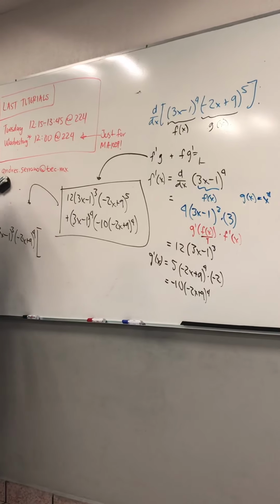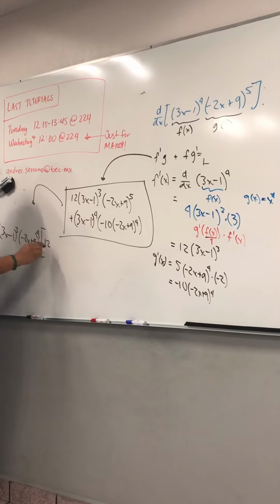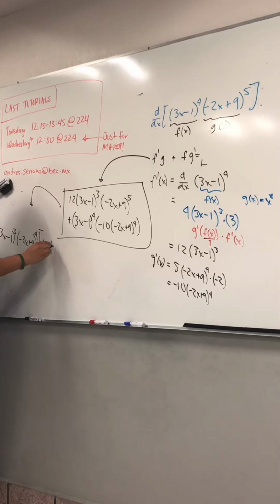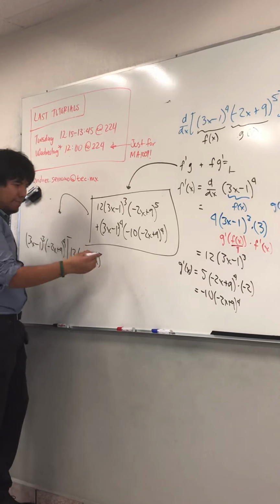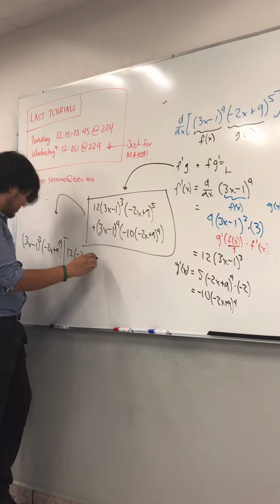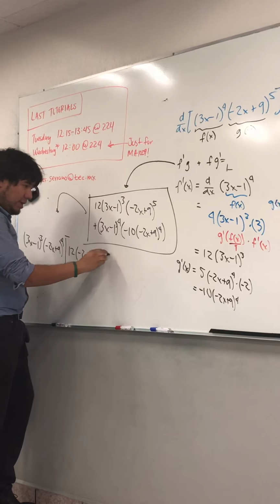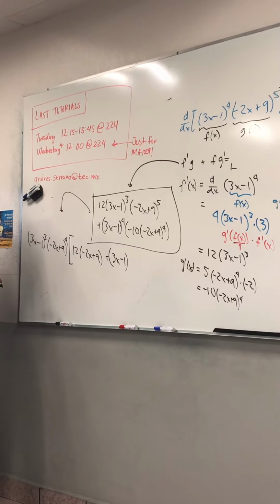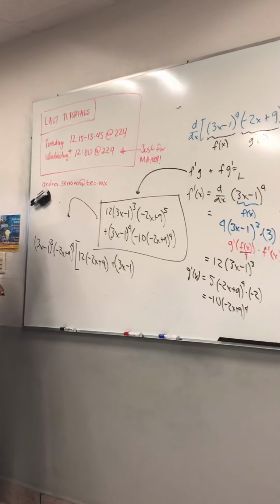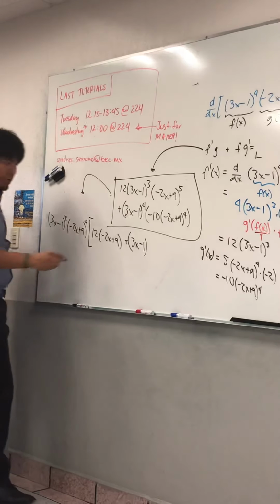You can factorize that and I can get 12 times (minus 2x plus 9), right? And then on the right hand side, I have 3x minus 1 to the power 1, yeah? Minus 10, right?